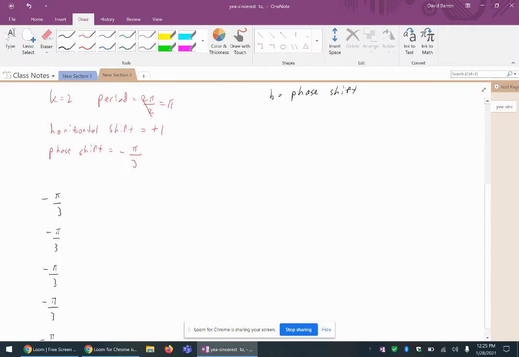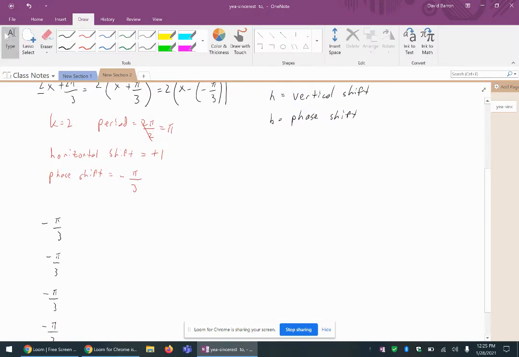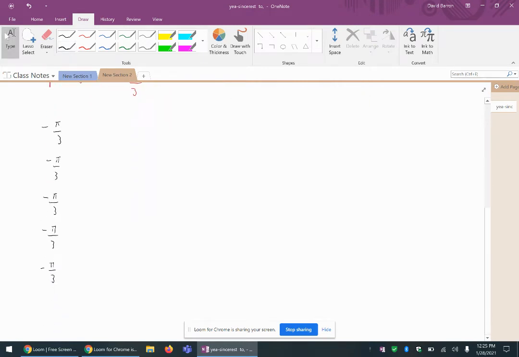So after writing down my phase shift, I take my period, which is pi, and add quarters of my period to the phase shift. This is going to be a little bit of work here because I have to find a common denominator.